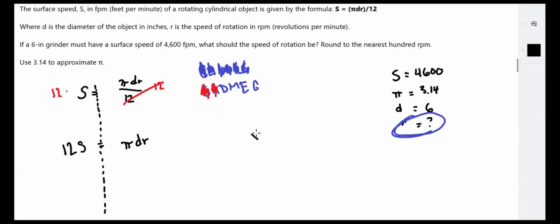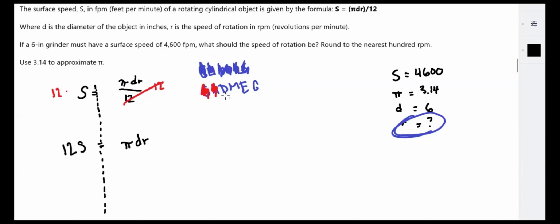Just avoid using the traditional x symbol because lots of times these equations use x's, and if you have an x and a multiplication symbol, it can get messy. So you can use the dot, you can squish them together, use parentheses, just try to avoid the x. So we're down to 12s equals pi dr.